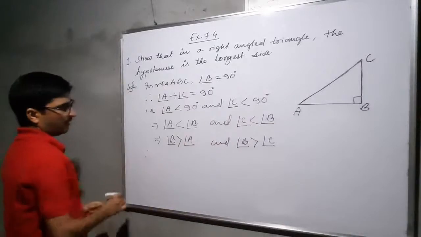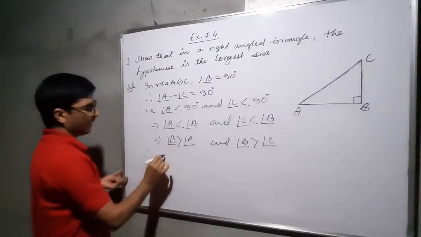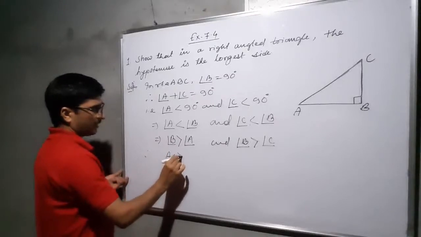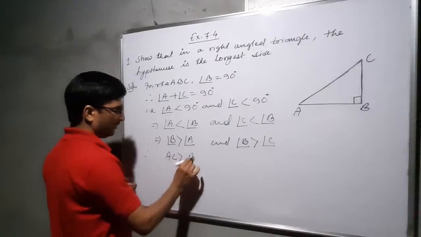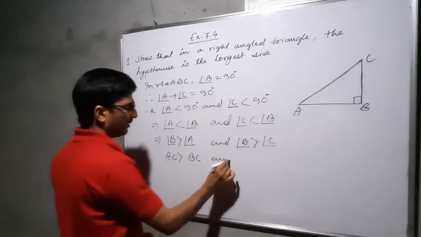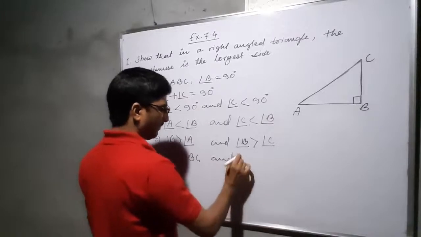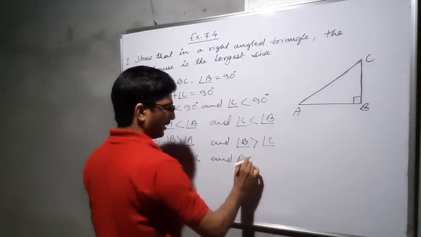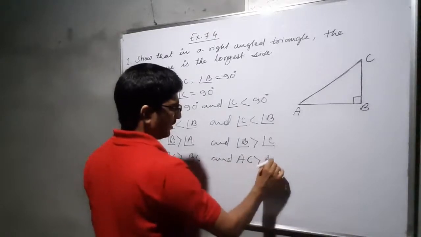Therefore, the opposite side of angle B, AC, is greater than the opposite side of angle A, BC. And the opposite side of angle B is AC, the same, AC is greater than the opposite side of angle C, AB.